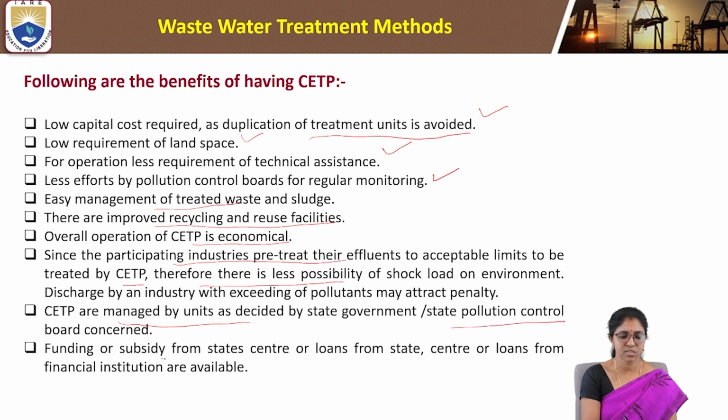Funding or subsidy from the state and center, or loans from financial institutions, are available for the CETP. So these are the benefits of having a CETP, Common Effluent Treatment Plant. So this is about wastewater treatment, treatment methods, and CETP.